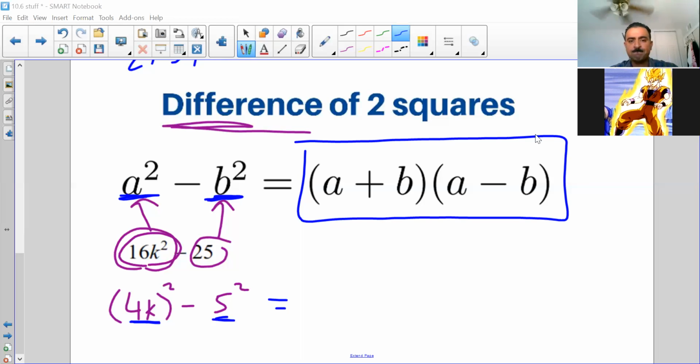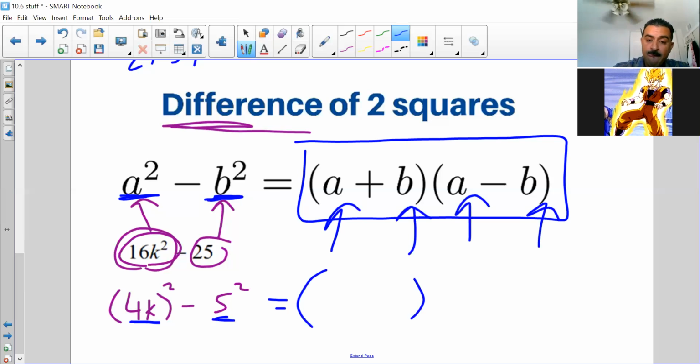I know what my a value and my b value are now. It's very clear. At this point, I'm just going to plug in my a here and here, and my b here and here, and watch what happens. So my a value is 4k.